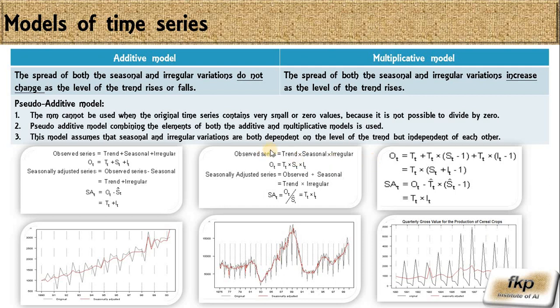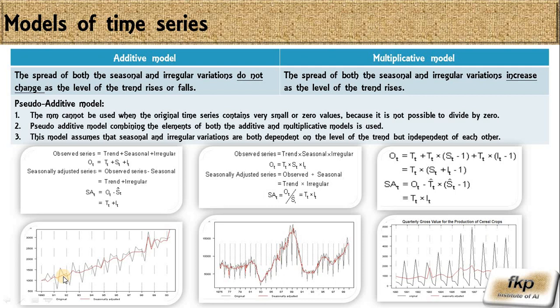Okay, this is the graph of our additive model. The black one is the actual time series, and the red one is the seasonally adjusted series. From the original time series, you subtract the seasonal component, so you have removed the seasonal component.